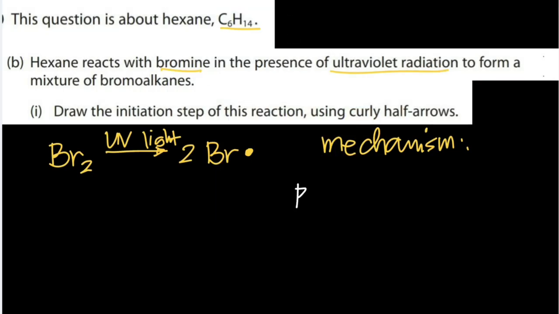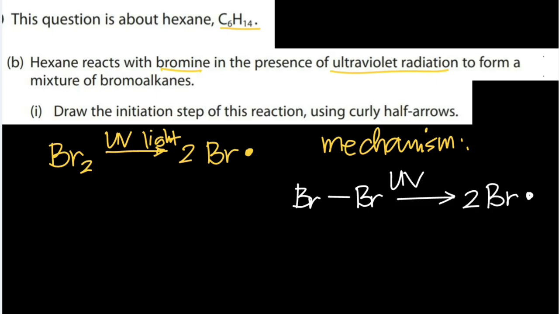So it will be bromine, bromine, and then under UV light, then we have 2 bromine radicals. Then the curly half arrows should be here. Alright, so this is the initiation step of this reaction using curly half arrows.